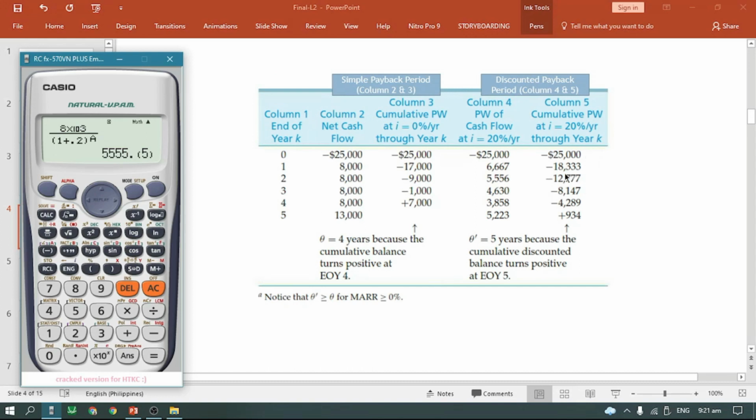So, we again sum up the cash flow. From negative 25,000, we add plus 6,000, and our net cash flow becomes negative 18,000.